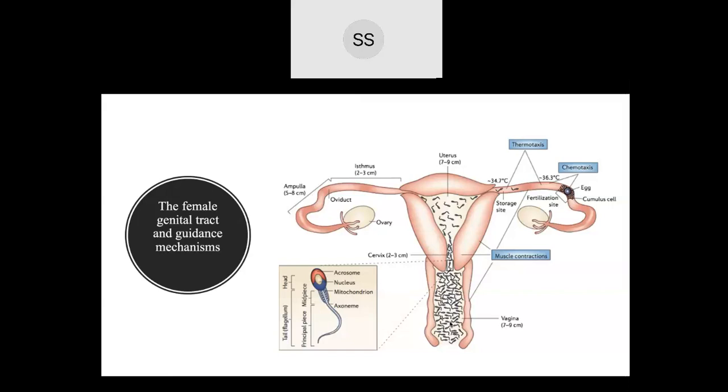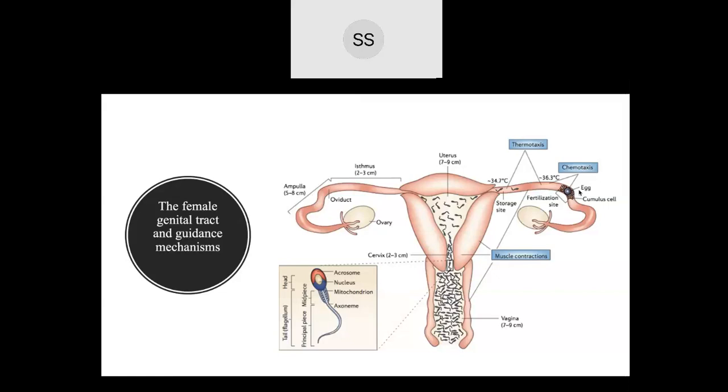Why are they swimming upward? That is because of a phenomenon known as rheotaxis. Rheotaxis is a phenomenon where the sperm cells swim against the flow discharged by the female genital tract. Once they reach the fallopian tube, two other mechanisms, thermotaxis and chemotaxis, further guide these cells to fuse with the egg cell.